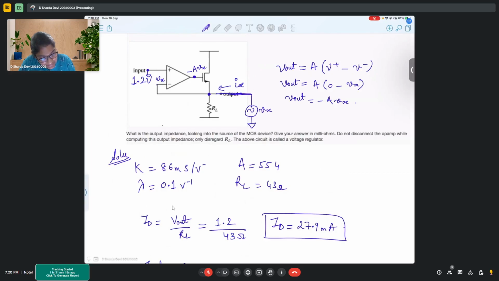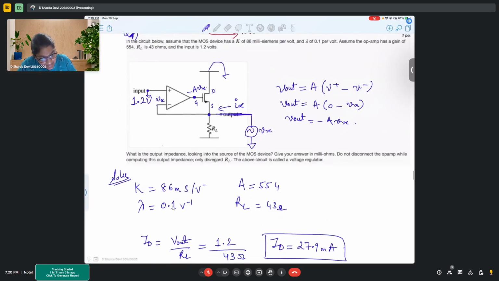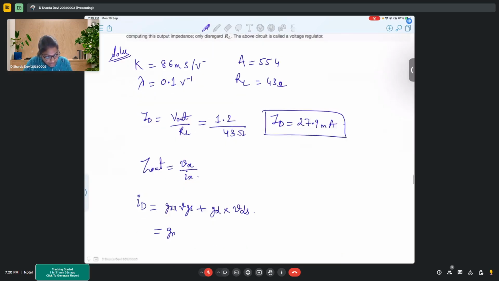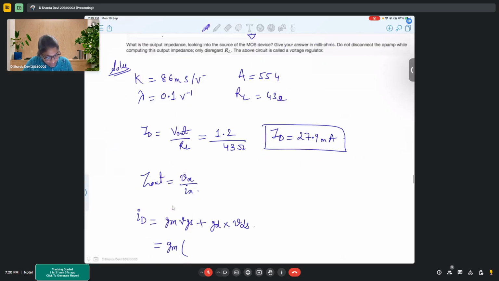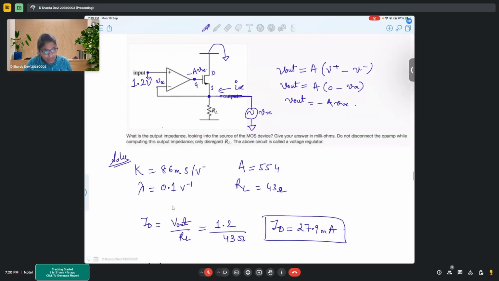This being an N-type transistor, so this is drain, source, gate. And since it is AC analysis, this would be grounded. So this becomes gm, VG is minus A Vx and VS is Vx, plus gd. VD is how much is VD?